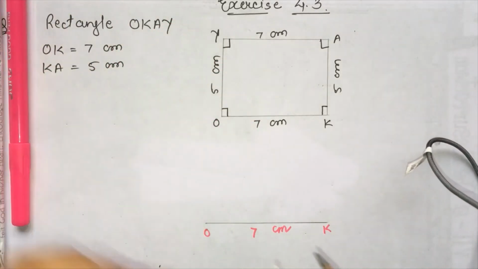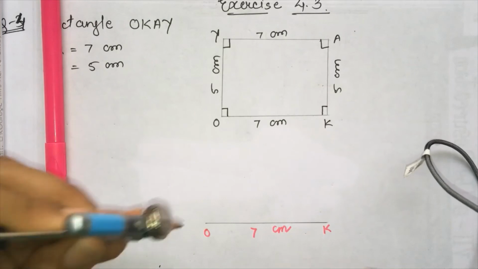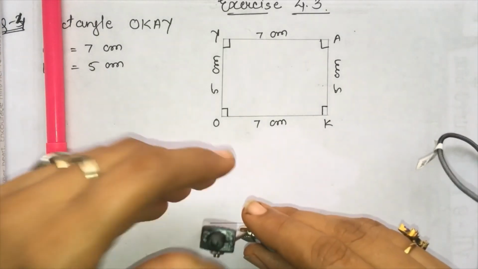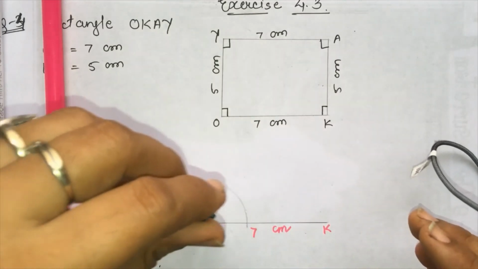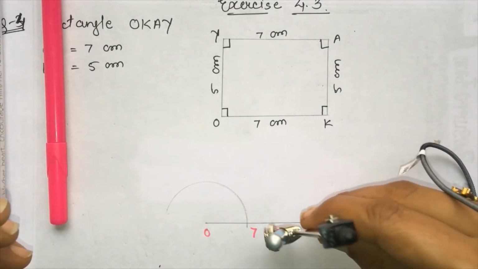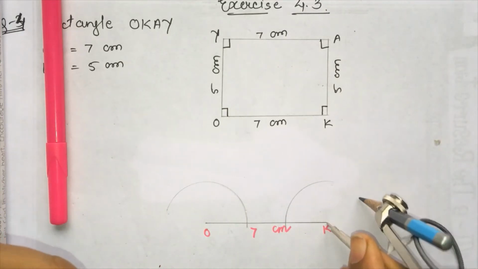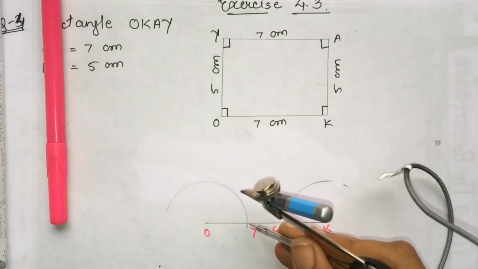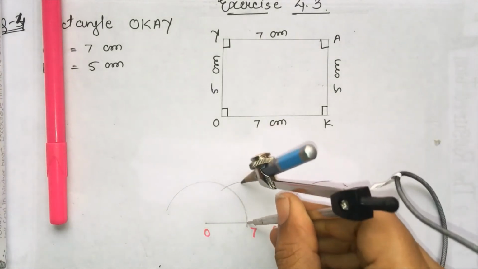So same as we have done previously. First we will draw an arc with random radius on both the points O and K, at both points simultaneously with the same radius.